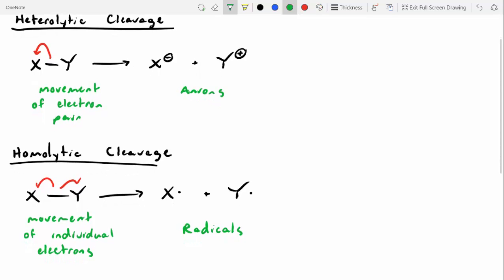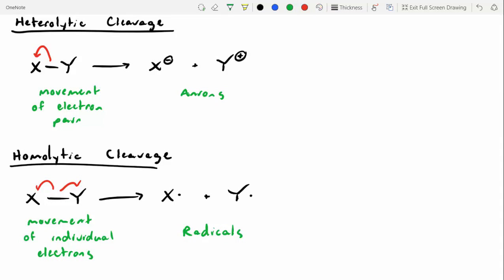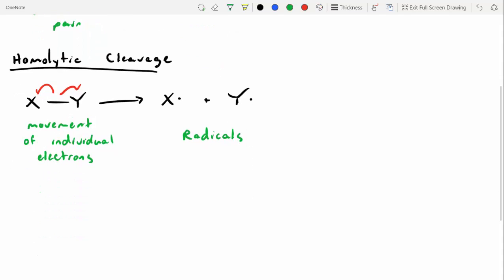What do you notice about the arrows that I used? Yeah, the red arrows specifically. Let's narrow it down. Yeah, I didn't do double barbed arrows for the bottom one. So that's one way we try to distinguish the movement of single versus double pairs of electrons: we use different arrows. Specifically, the double-headed arrow means 2 electrons, and a single-headed arrow means 1 electron, and they are not equivalent to one another.